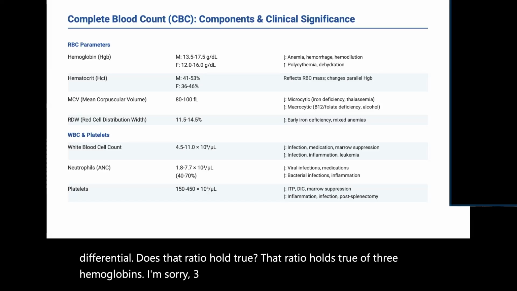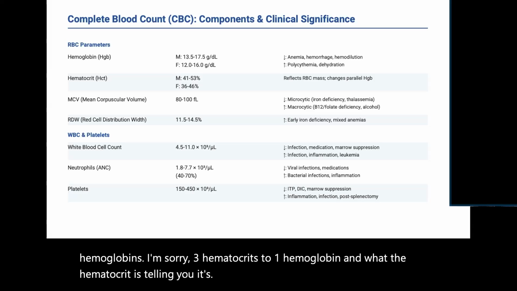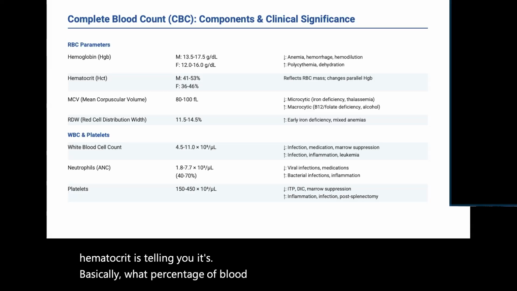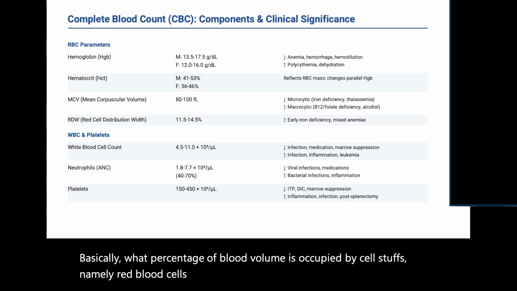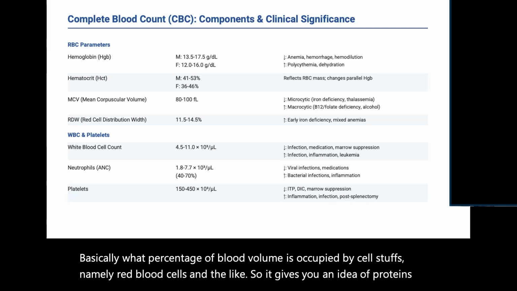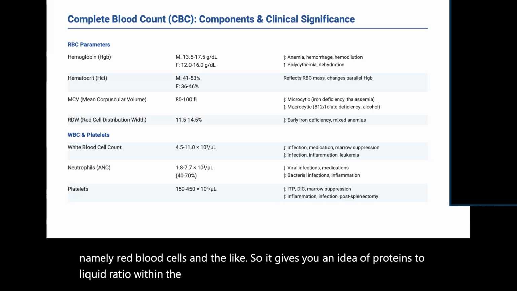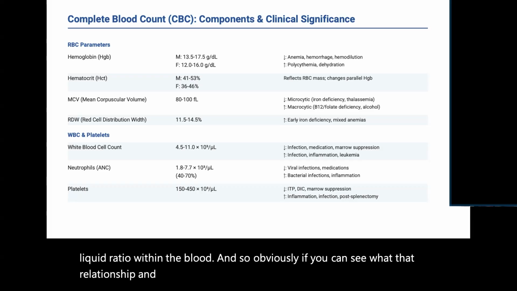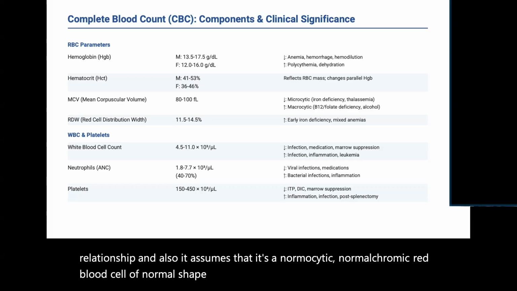What the hematocrit is telling you is basically what percentage of blood volume is occupied by cell stuffs, namely red blood cells and the like. So it gives you an idea of the cells to liquid ratio within the blood, and it assumes a normocytic, normochromic red blood cell of normal shape and size.